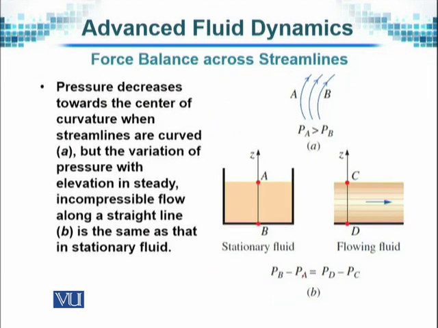Pressure decreases towards the center of a curvature when streamlines are curved. तो ये एक बड़ा अजीब फिनोमेना है प्रेशर का, क्योंकि ये सारा गेम जो बर्नौलिस इक्वेशन है इसमें प्रेशर एक इम्पोर्टेंट रोल प्ले करता है, और उससे फोर्सेस की डायरेक्शन किस तरफ है वो भी एक इम्पोर्टेंट रोल प्ले करती. And you know that fluid flow motion है वो हमेशा higher pressure से lower pressure की तरफ move करता है.